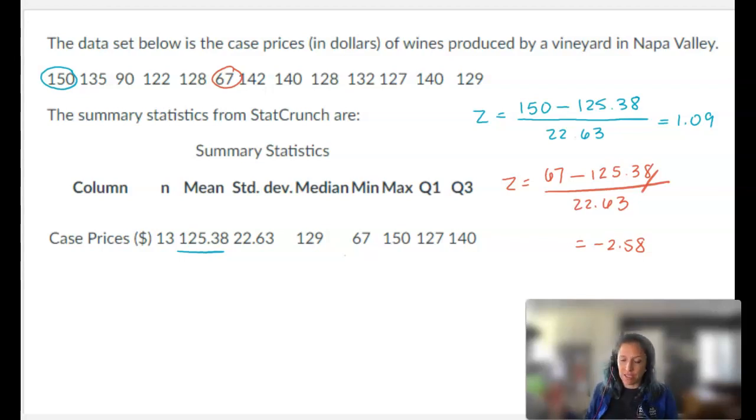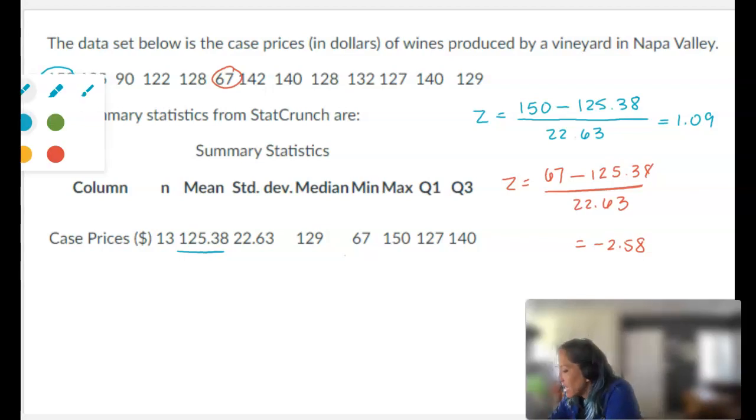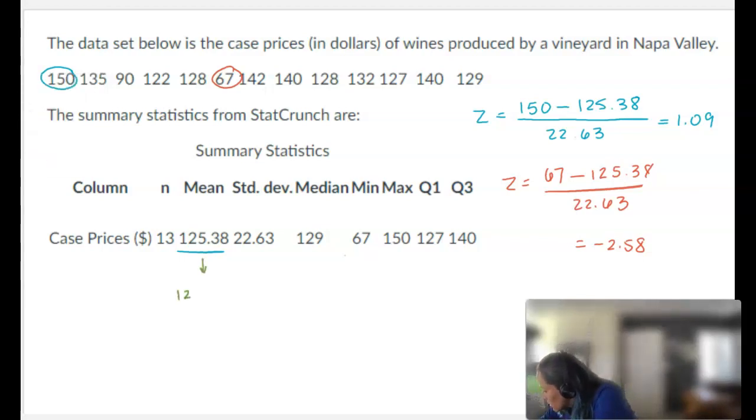This is an inefficient way, as I was saying. A cleaner way to do this, since we have more than one value and we're asking if anything is an outlier, would be to create those cutoffs, make fences essentially, like we did back with our box plots and back when we looked at Chebyshev's, and just go, okay, well, the mean is 125.38 minus 2 times our standard deviation of 22.63.